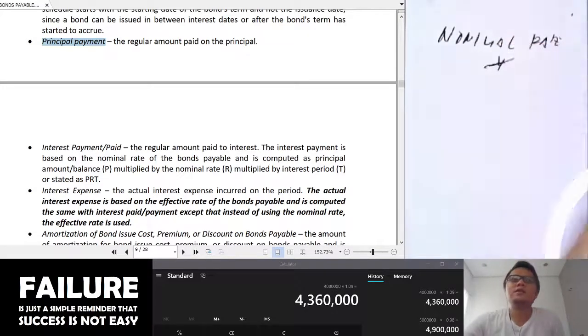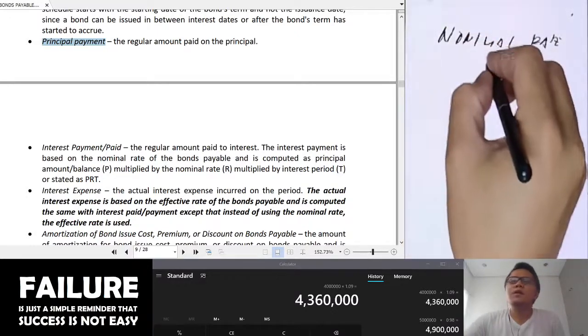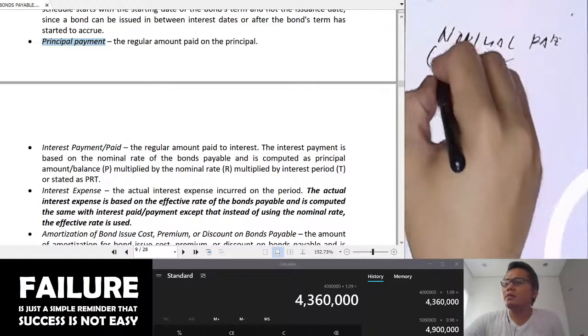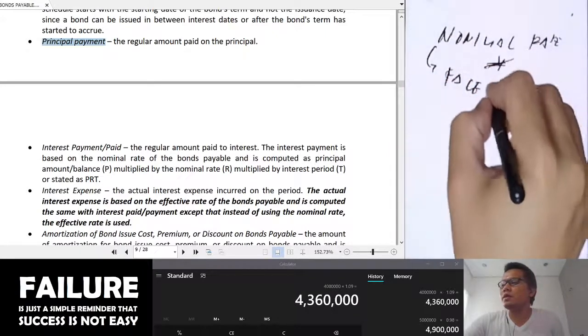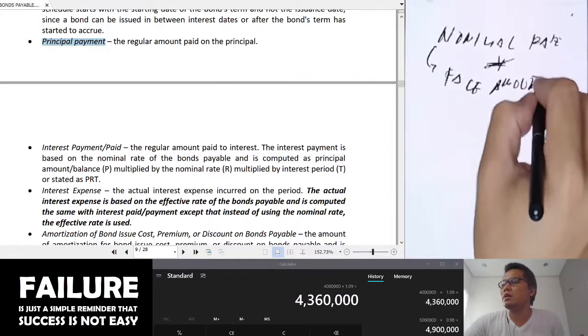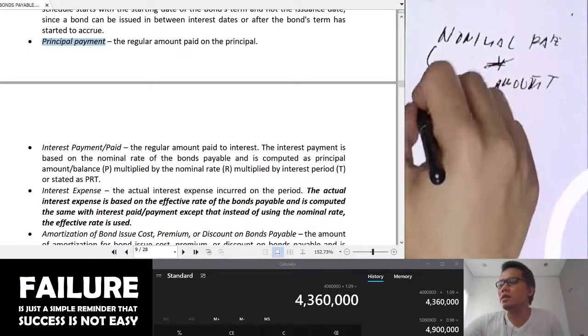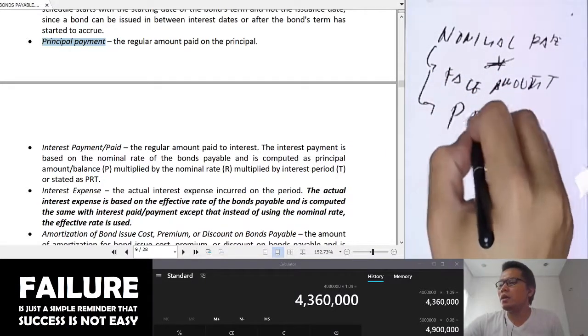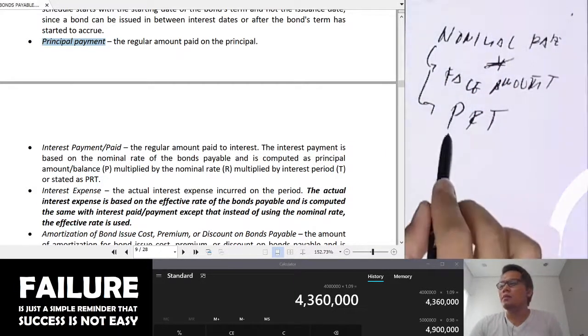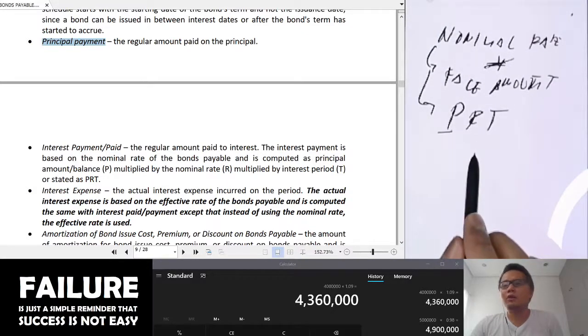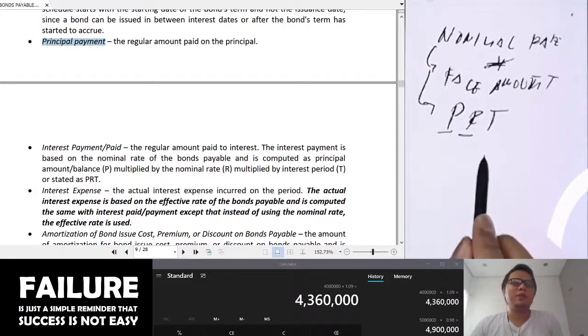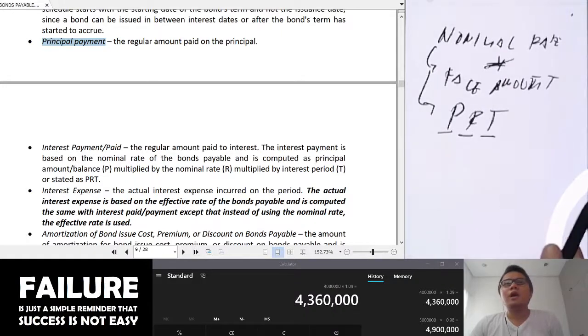So again, interest payment or paid based on nominal rate and based on face amount. So kumbaga, simple interest computation lang. PRT. Principal, which is your face amount, the rate, which is the nominal rate, and the time, accrued period of interest or the period of interest. Diba?